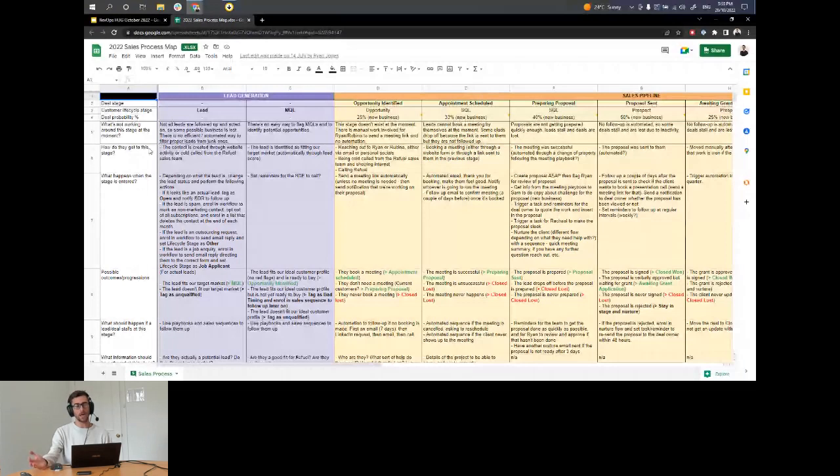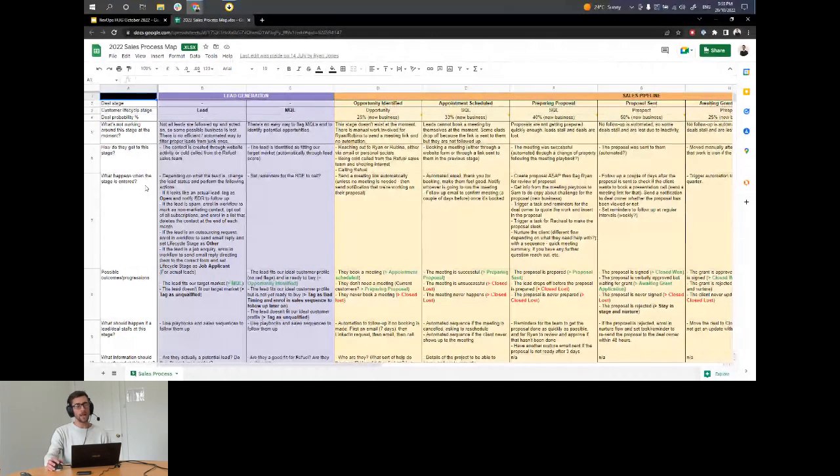So if we have a stage that is proposal sent, how do we get, as soon as the proposal is sent to our customer, our deal in HubSpot to move to that proposal stage? What should happen when the stage is entered? So is there any follow-up that you need launched?